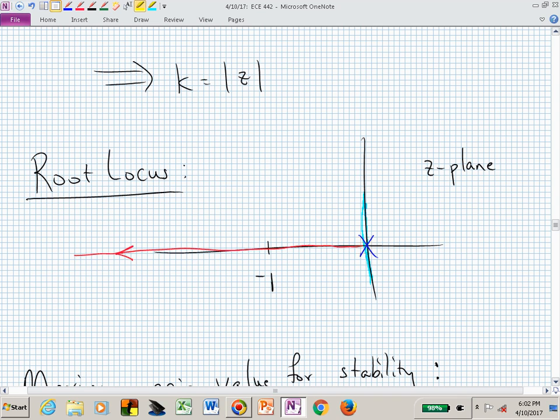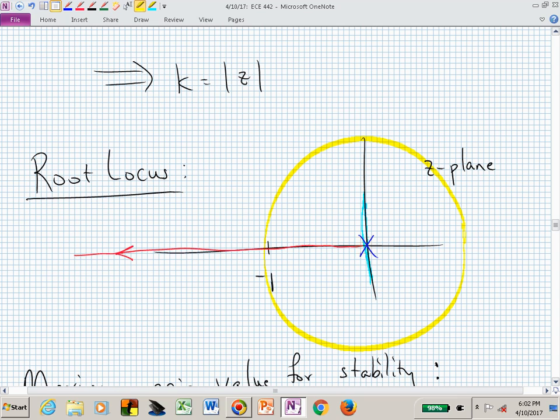Can k go all the way to infinity and I can still be stable? Do you see where I'm trying to direct you? You should be seeing a unit circle. You want your root locus, all branches, to be inside that unit circle simultaneously for values of k to give you closed loop stability.